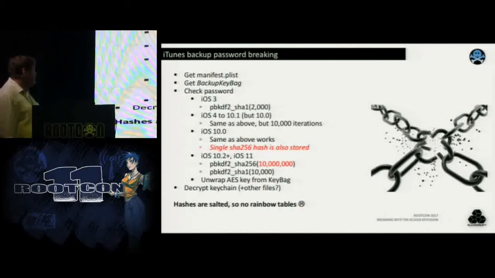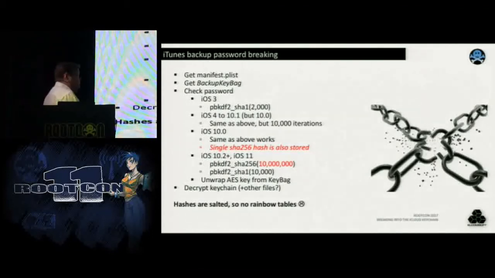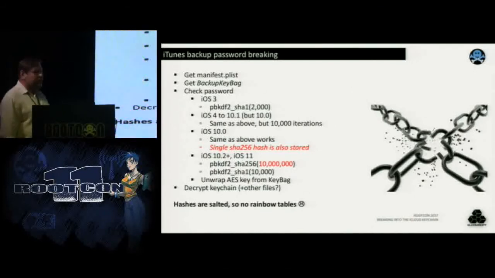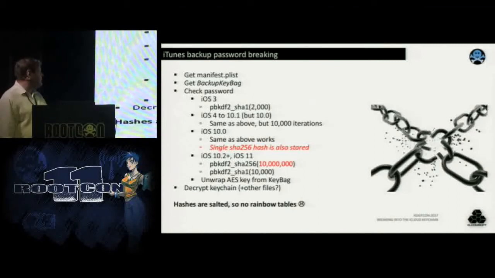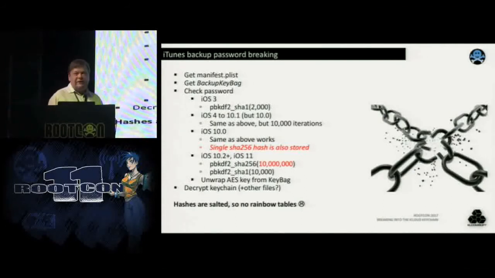In iOS from 3 to 10, it was from 2,000 to 10,000 iterations. It's actually quite a lot, and even on the GPU, we can get several 100,000 passwords per second and can break 7 or 8 character passwords. In iOS version 10.0, it was actually an epic fail from Apple.